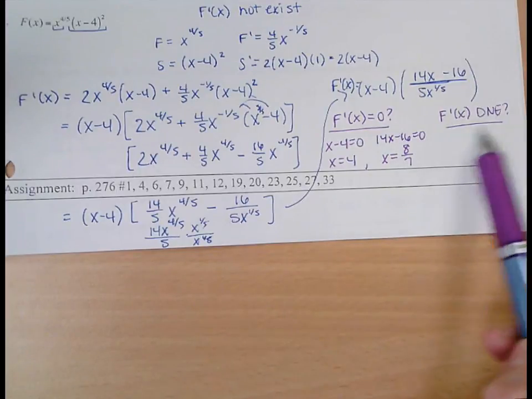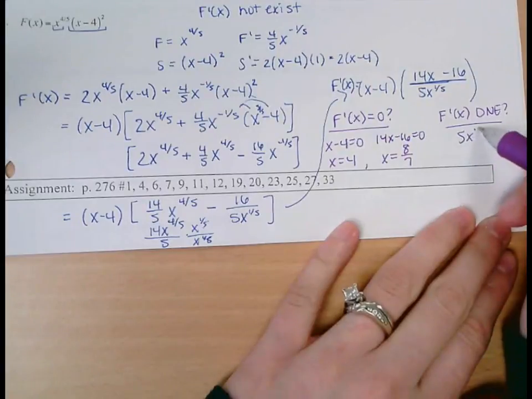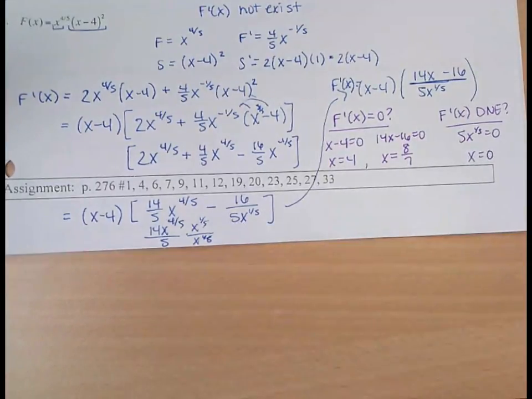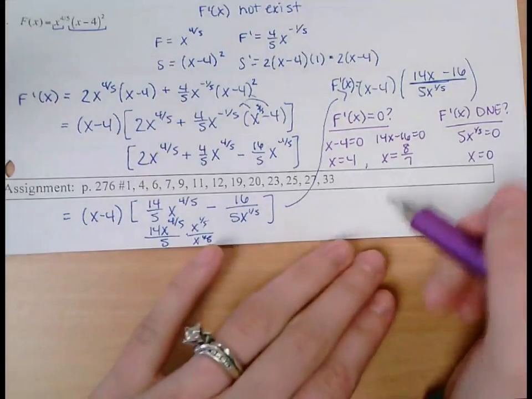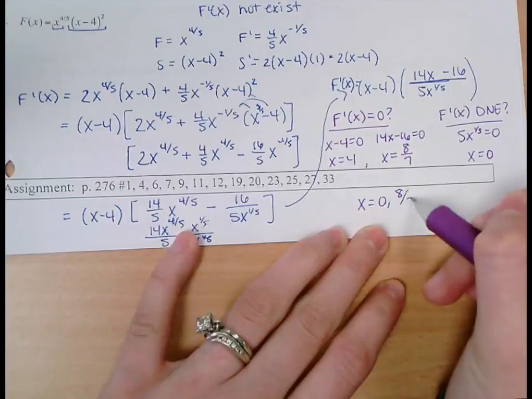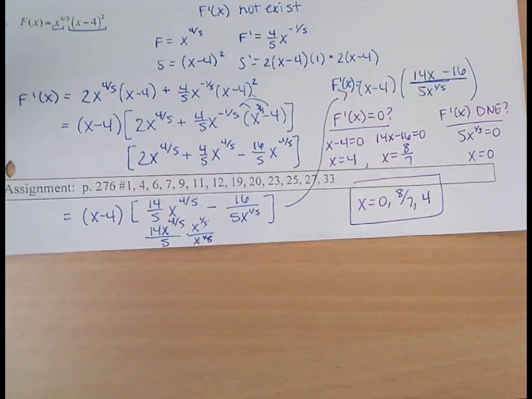So then this derivative will not exist if 5x to the 1/5 equals 0, which would mean x would have to equal 0. So there's three critical values, 0, 8/7, and 4. So those would be possible x values to check to see if an absolute maximum would occur, because they could be where local maximums occur.